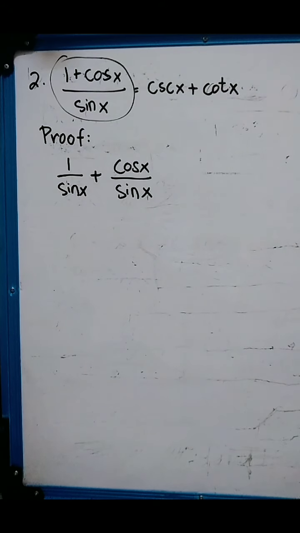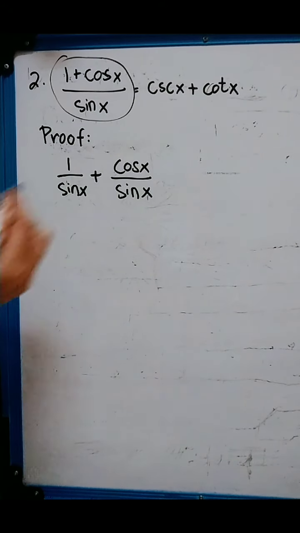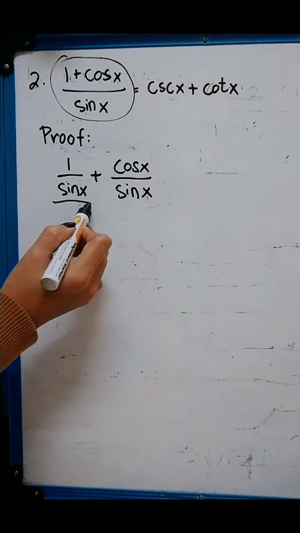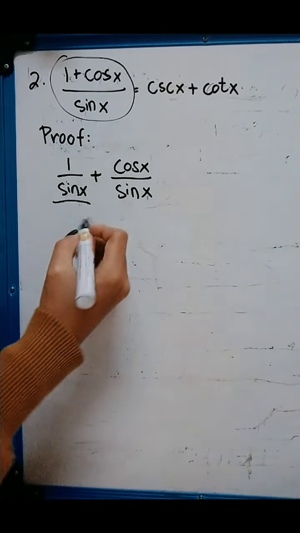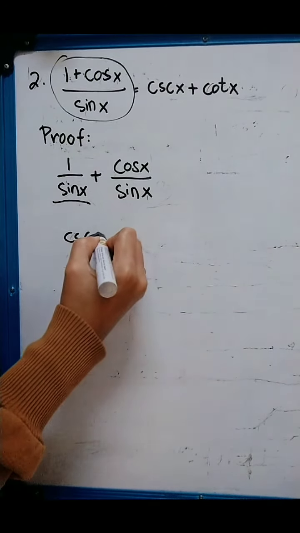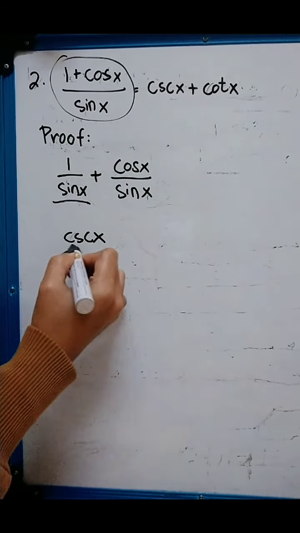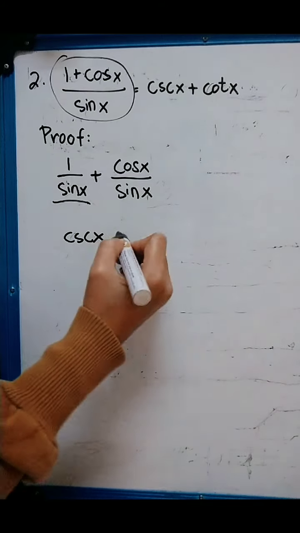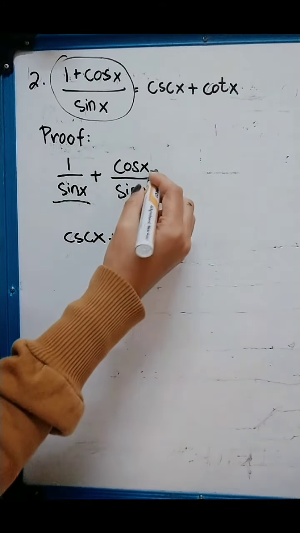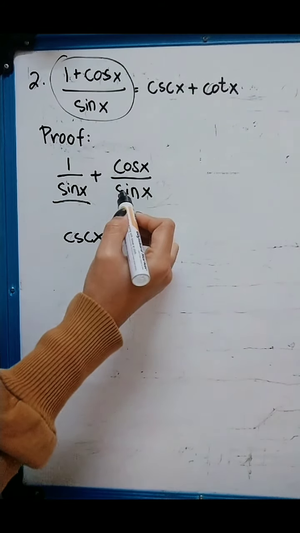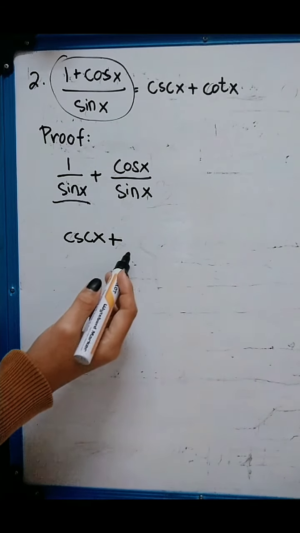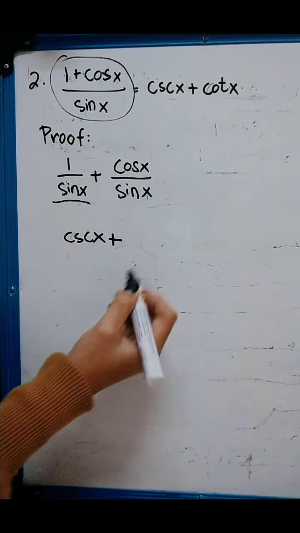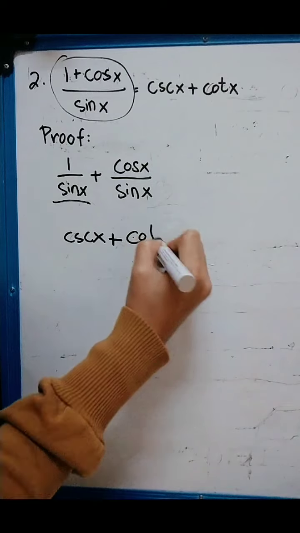And then next, we convert this 1 over sine x to cosecant x, because cosecant x is equal to 1 over sine x. And then plus this cosine x over sine x is the same thing as cotangent x.